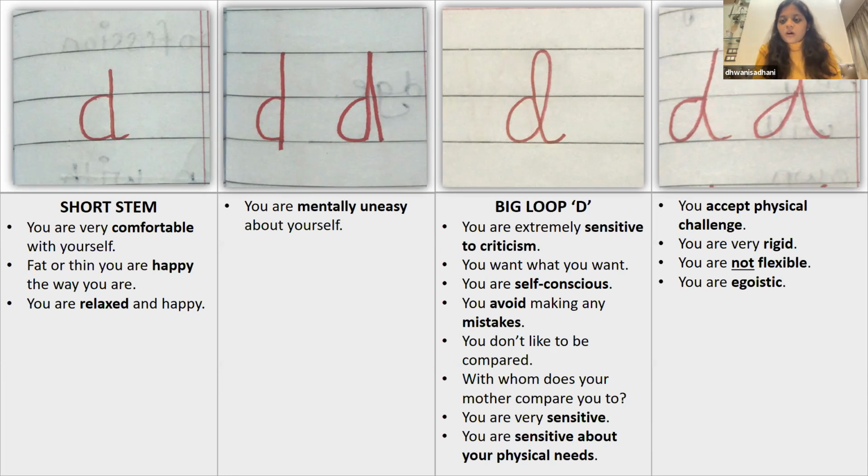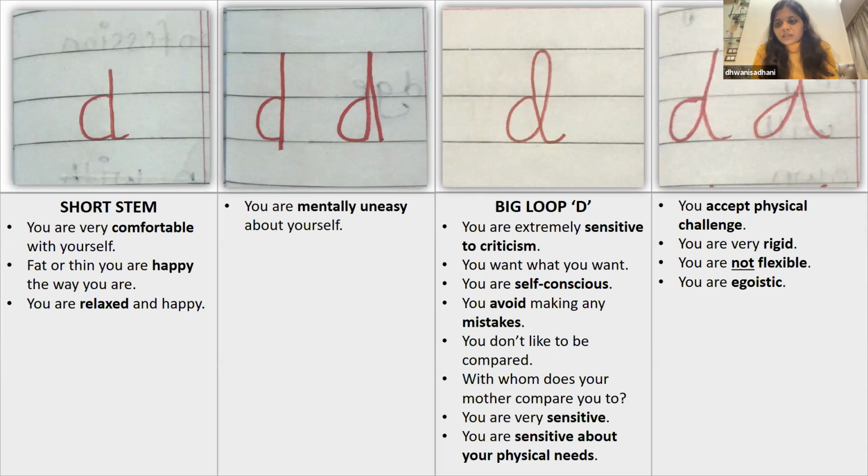You want what you want. You avoid making any kind of mistakes because you don't want anybody to criticize you. So you want to be perfect. And you know why this kind of thing happens?